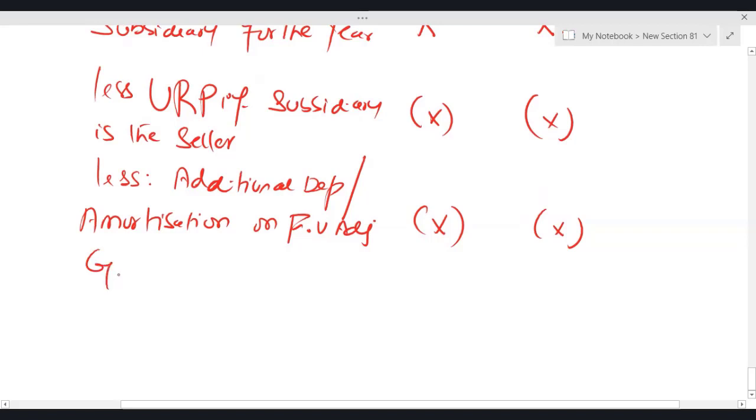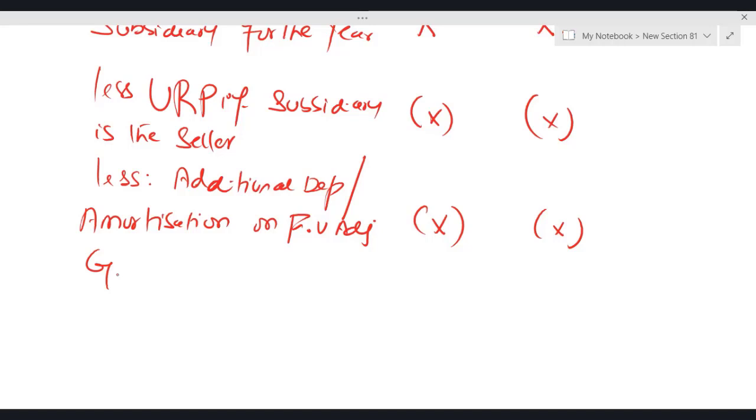Again, current year goodwill impairment loss, because it is possible that you might have acquired a subsidiary 2 years back. While preparing consolidated SOFP, you have to take the impairment loss for the 2 years. But P&L SOCI is just for the current year. So you have to deduct goodwill impairment loss. Number one, the goodwill method has to be a full goodwill method.